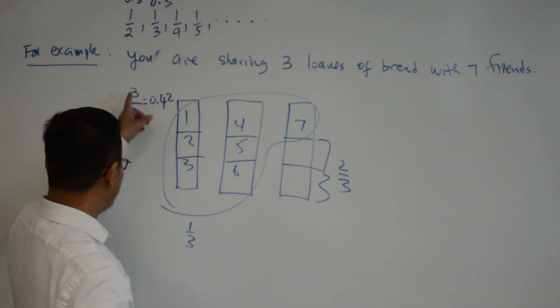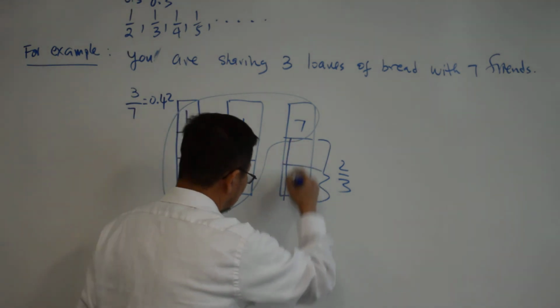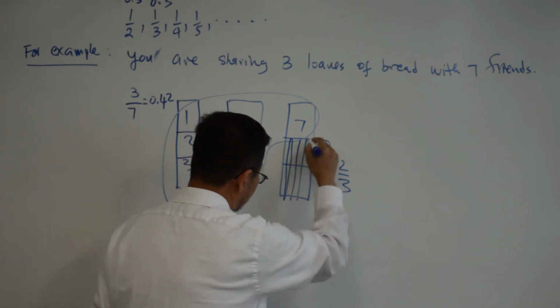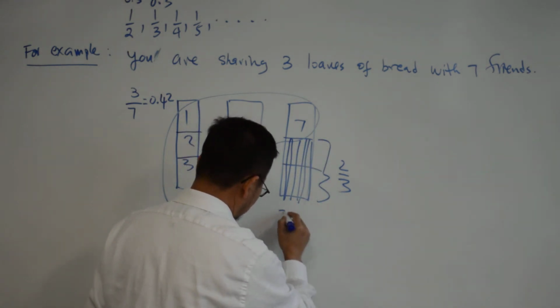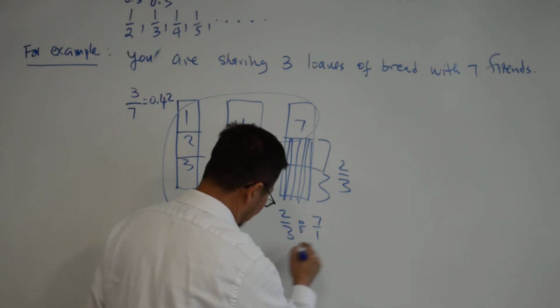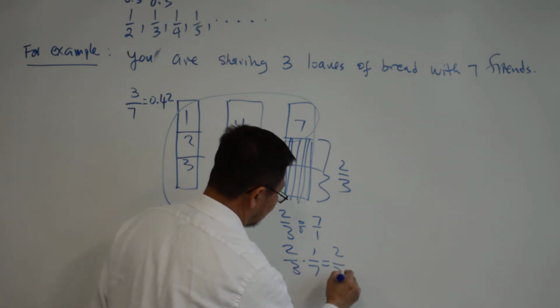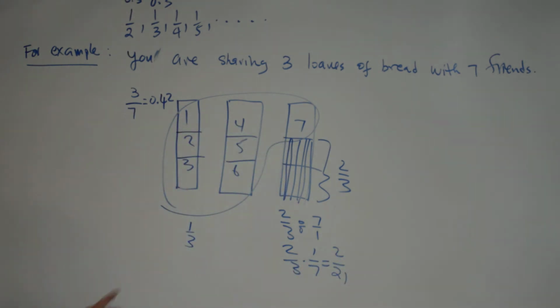You have to share among 7 friends again. So 1, 2, 3, 4, 5, 6. So that means 2/3 divided by 7 over 1. 2/3 times 1 over 7 gives you 2 over 21. Can we have 2 over 21?